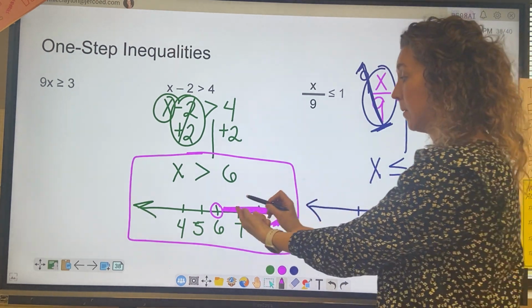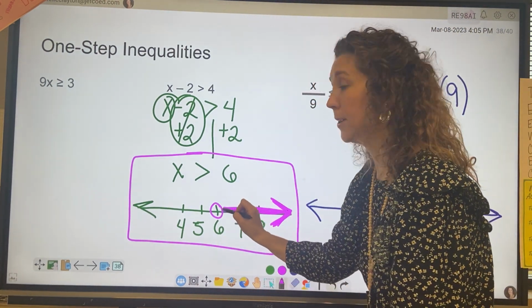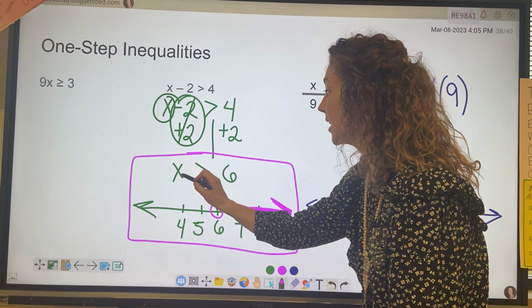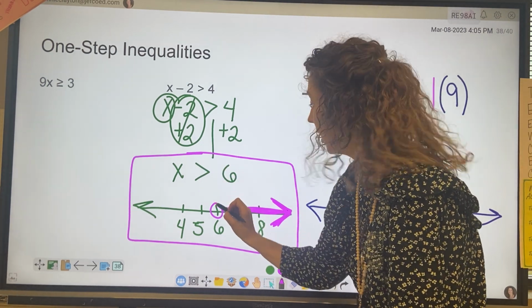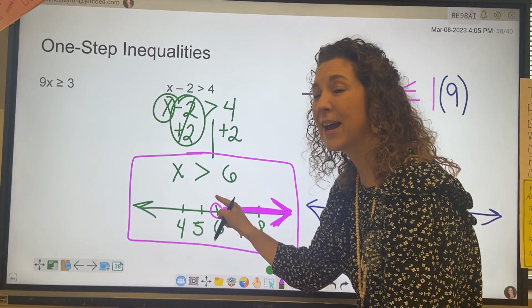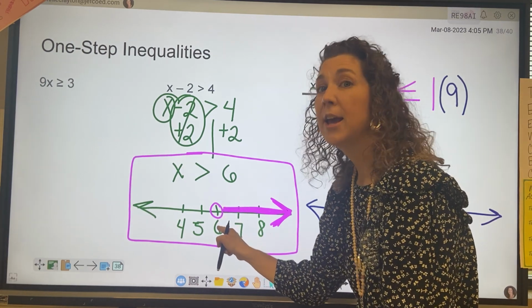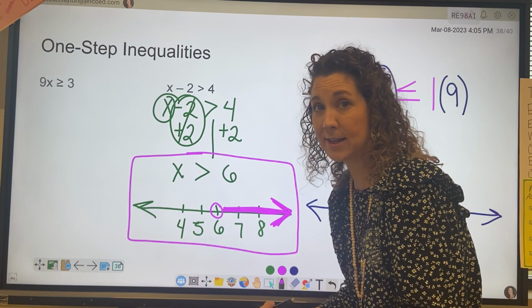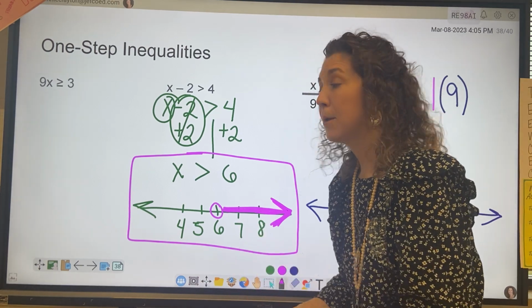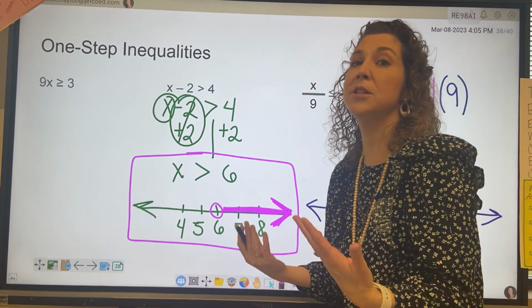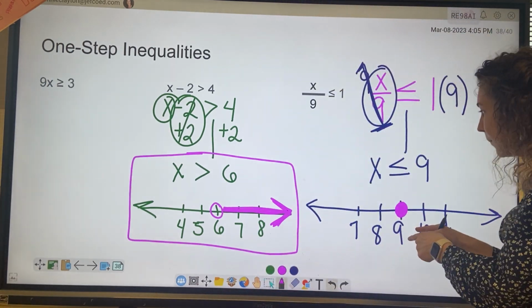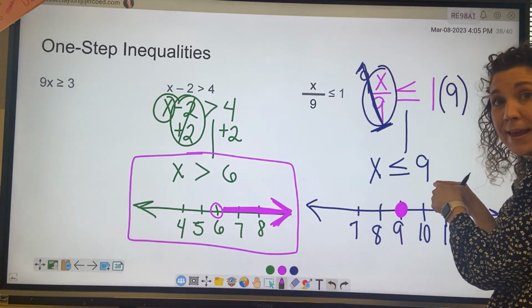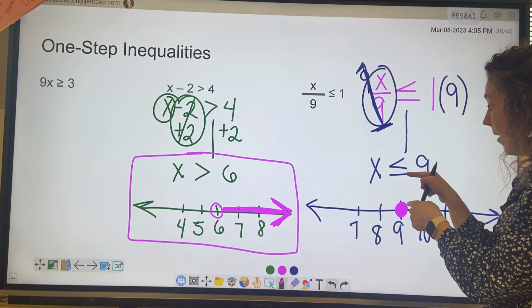Let's go back and look at this one. This one was an open circle because X was greater than 6, but not equal to 6. X cannot be 6. It has to be something more than 6. It could be 6.1. It could be 6.01, 6.001. It has to be more than 6. Over here, X can be equal to 9 because we've got the extra line right there.